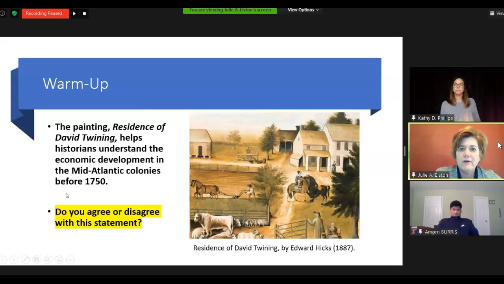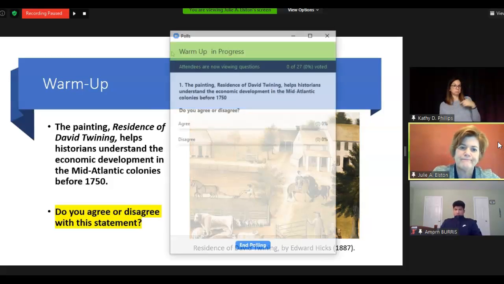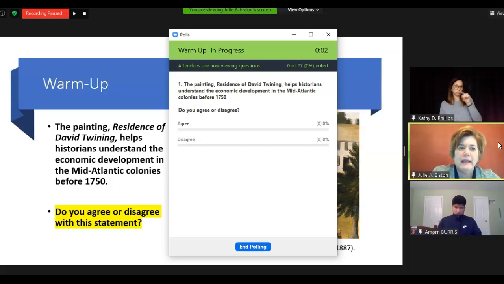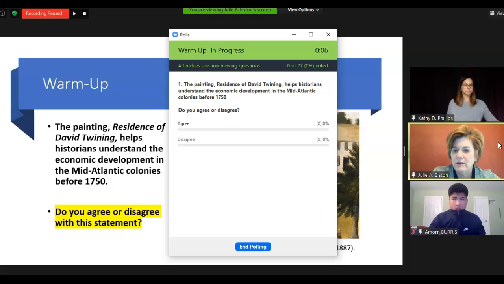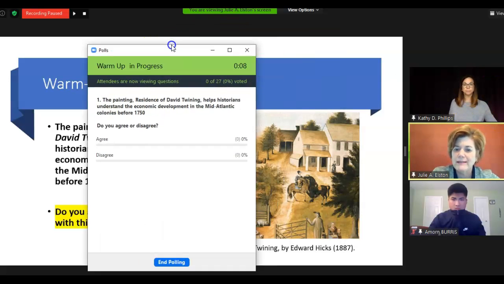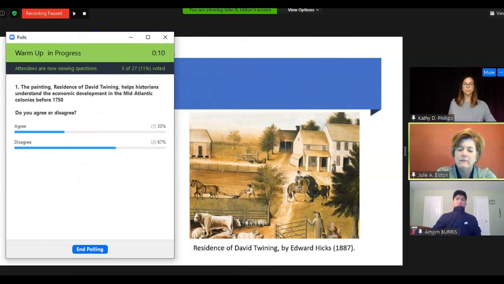All right, so here's our warm-up today. It looks very similar to the warm-up we had last time, but I want to be sure that we understand this important point about sourcing. So here's my question for you. I'm going to put a poll up on the screen. If you take a look at this painting, which is on the right here, it's called The Residence of David Twining.